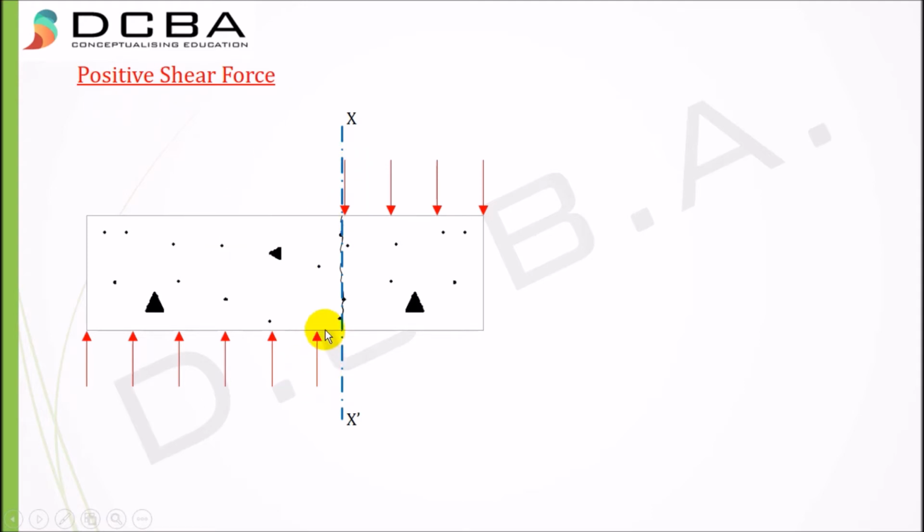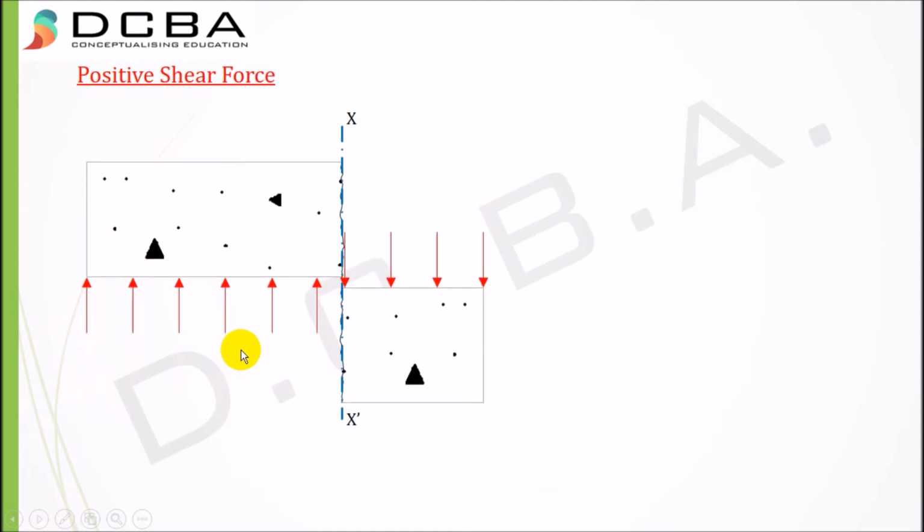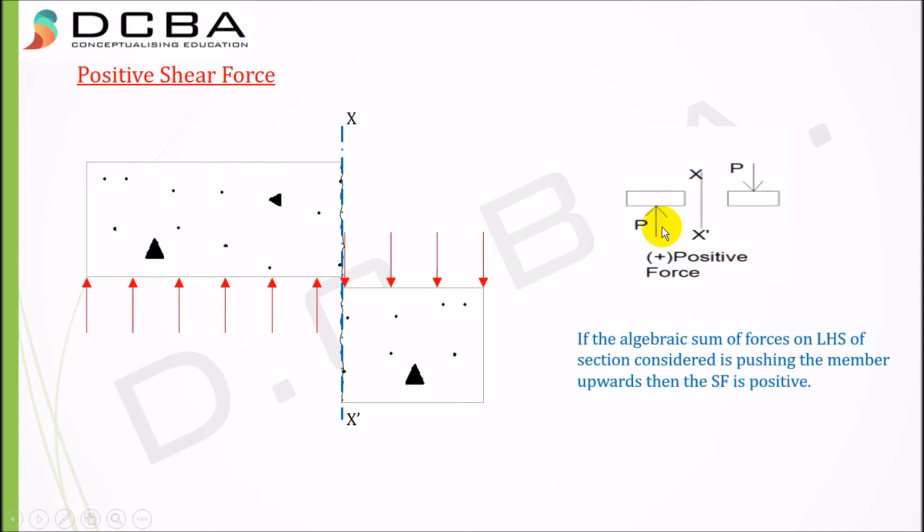So if my left part of the beam has forces which are going in the upward direction, that is the resultant of these forces is going in the upward direction, then it automatically means that the right part of the beam has the resultant of the forces going in the downward direction. And this is how the tearing of the beam takes place. So left part going up, right part going down, this is called positive shear force.